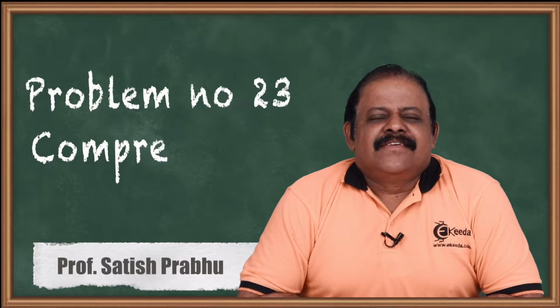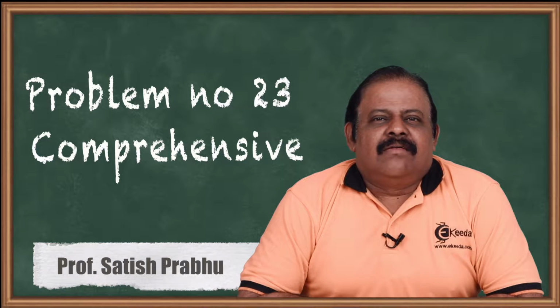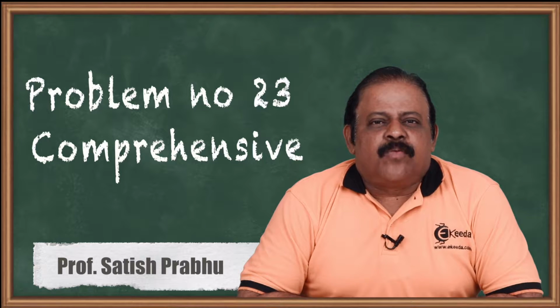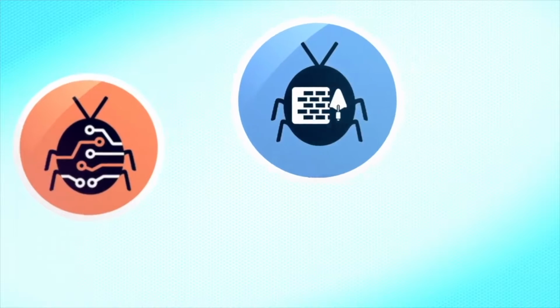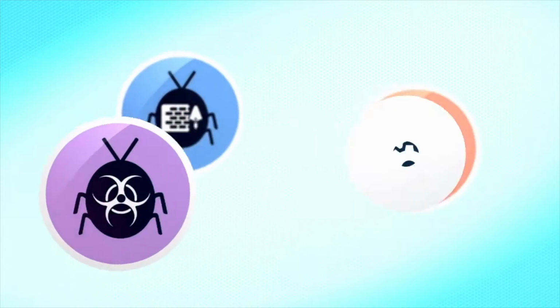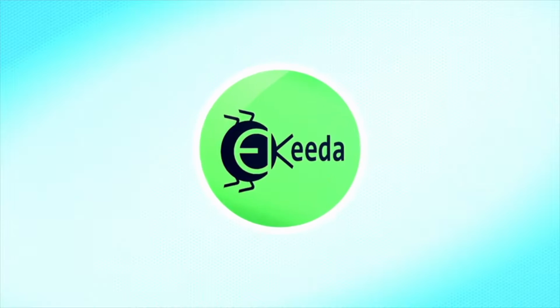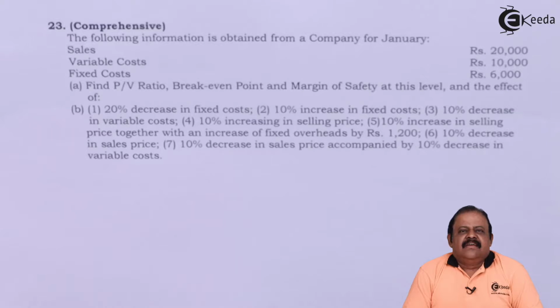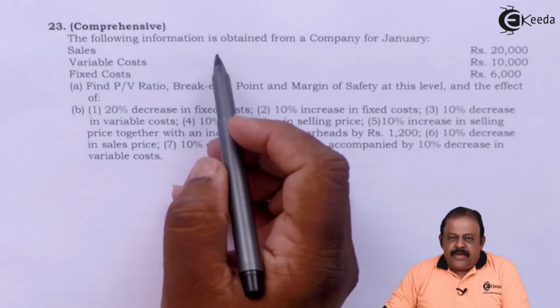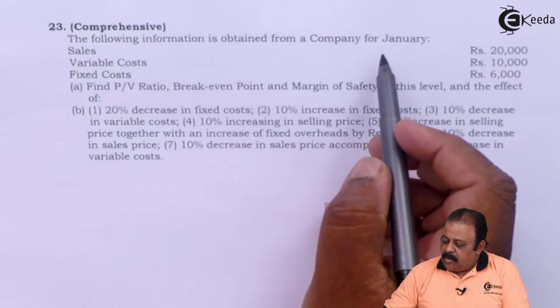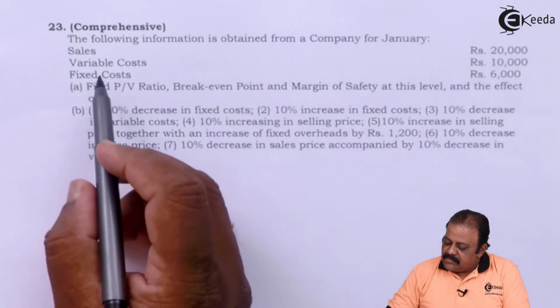Hello friends, today we'll be discussing one marginal costing question where we are going to deal with a variety of sub questions of comprehensive nature. Let us read the question. The following information is obtained from a company for January.